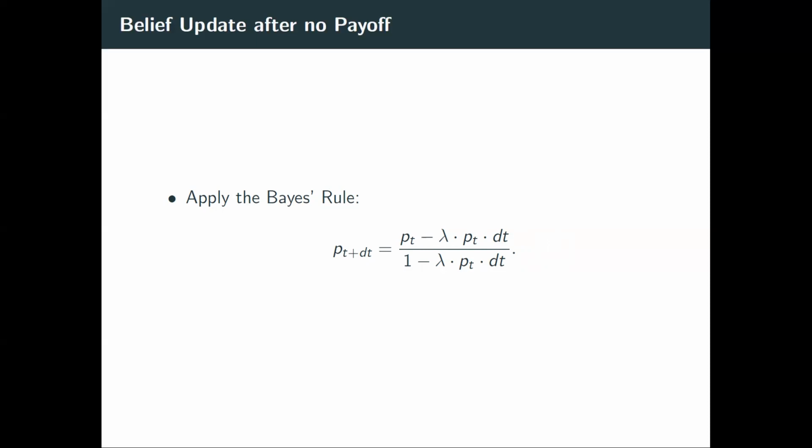Here is an additional feature of continuous time: you can play with the fact that dt squared is equal to 0. So what we do is multiply by the adjunct, I don't remember exactly how it's called in English, the almost same term where we change the sign between the terms. We multiply by 1 plus lambda times pt times dt, both the numerator and the denominator.